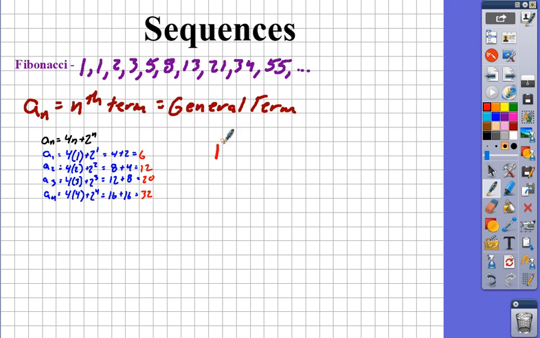That's going to be called a recursion formula. Why is that? Because it keeps recurring from the last number. So let's start out with this.